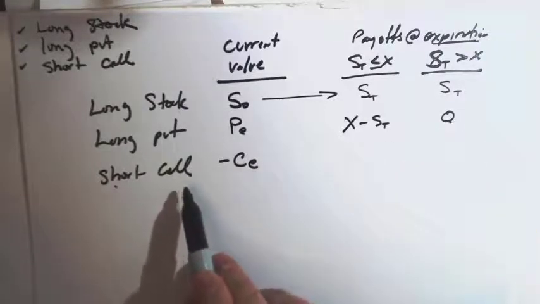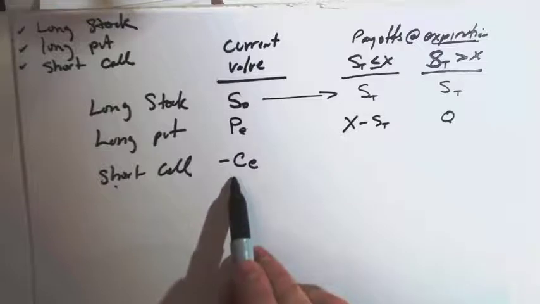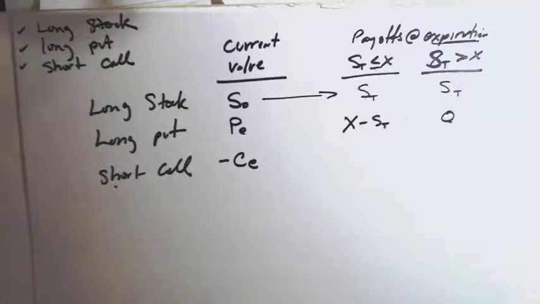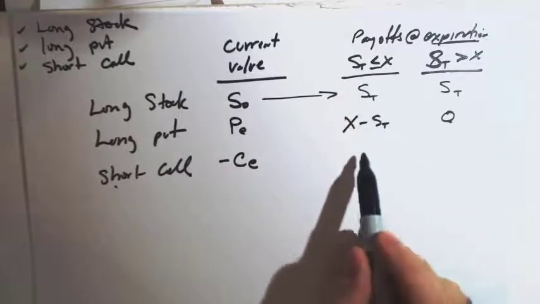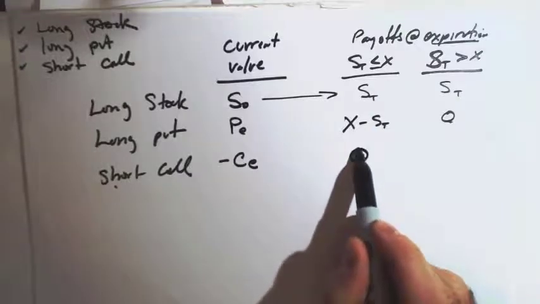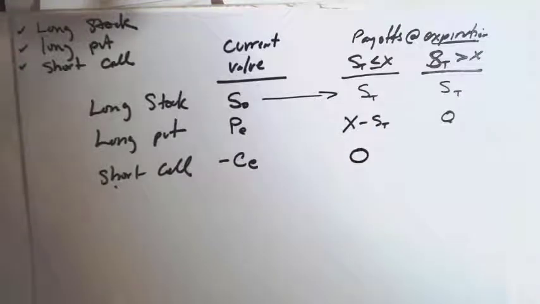Now, when you short the call, this is a bit trickier. We have to look at it, in some respects, from the position of the holder of the call. If the stock price is less than the strike, the call holder will never exercise it if the option is out of the money. Okay, so the holder will never exercise it.